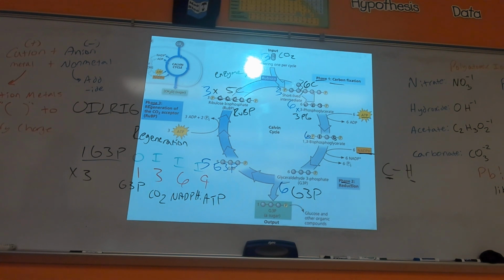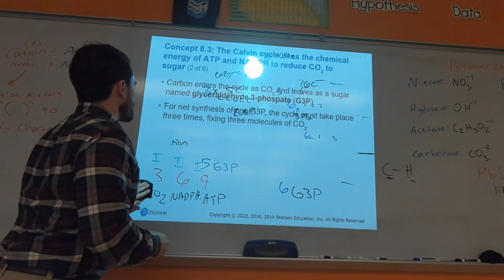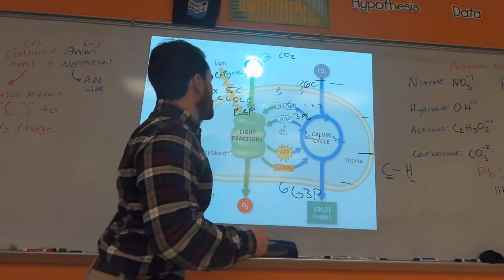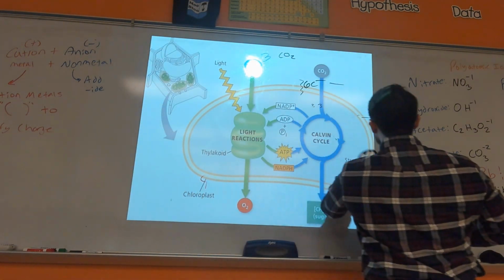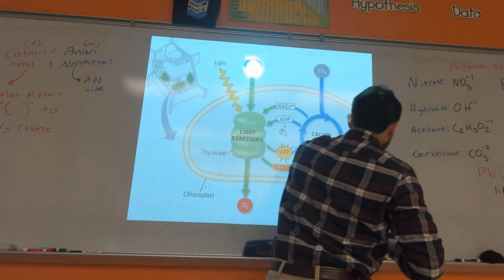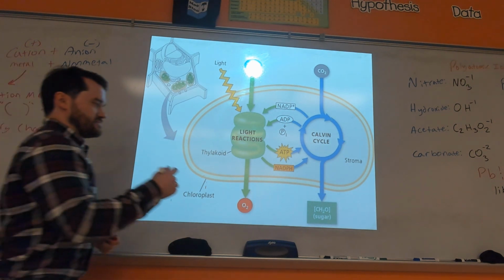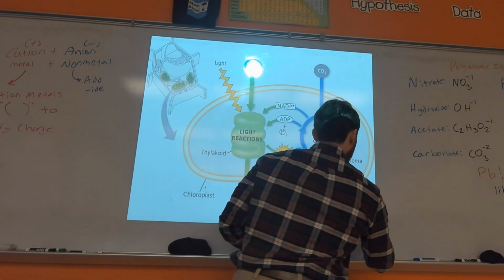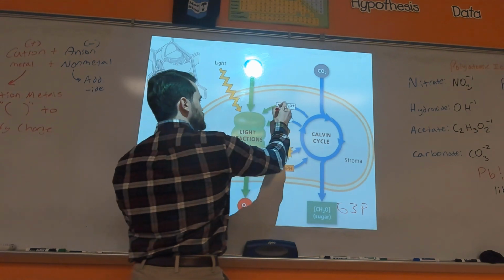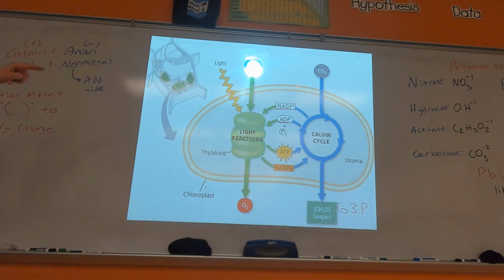Okay. Now, sometimes you'll see as part of outputs, if I go back to this slide, you'll see NADP plus and ADP. So here are the outputs, G3P. And then technically you are also, as an output, regenerating the NADP plus and ADP.